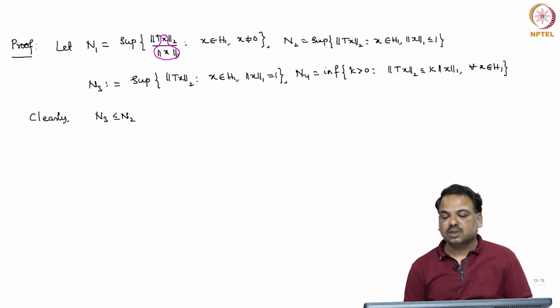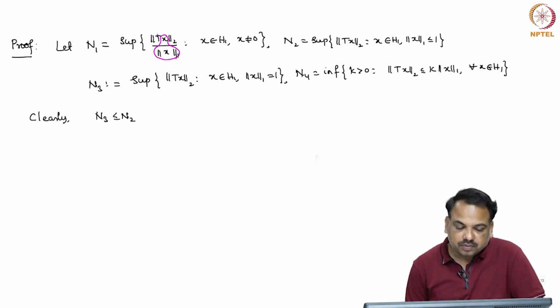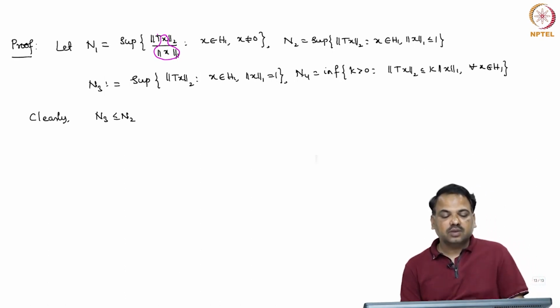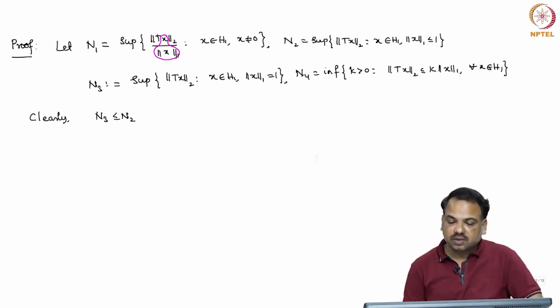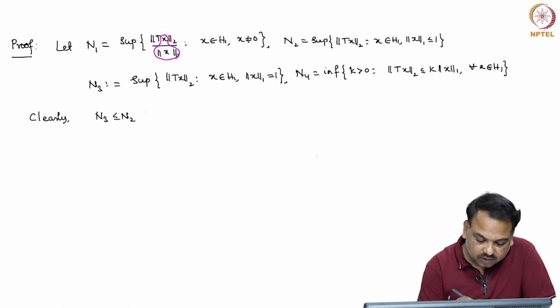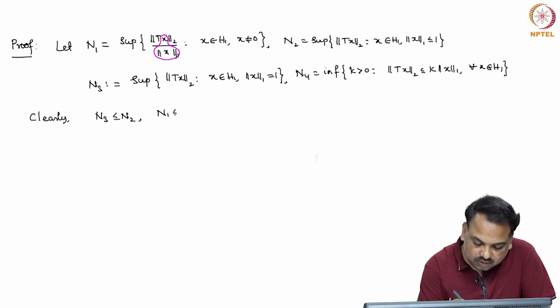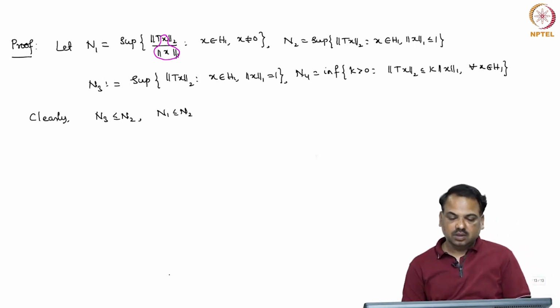In fact, that is a subset of the closed unit ball. Hence, the supremum n1 is the supremum over all the elements T of x by norm x form, so that is anyway less than or equal to n2. So we can say that n1 is less than or equal to n2.